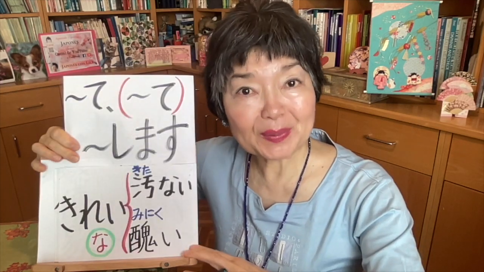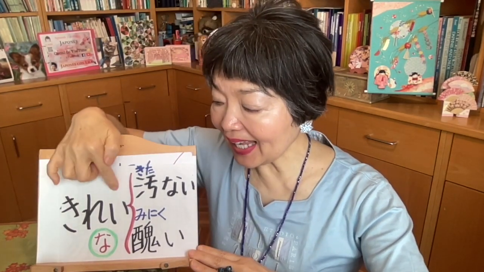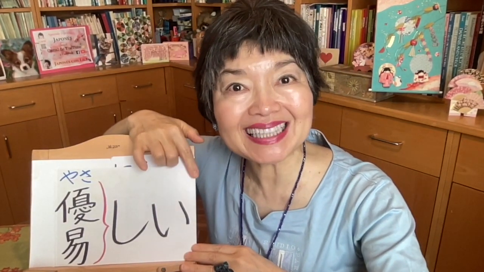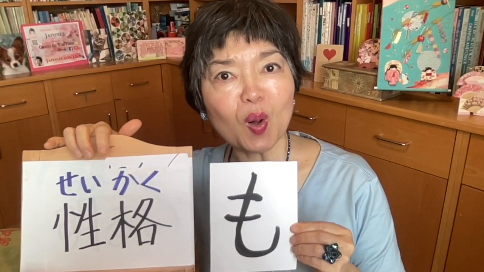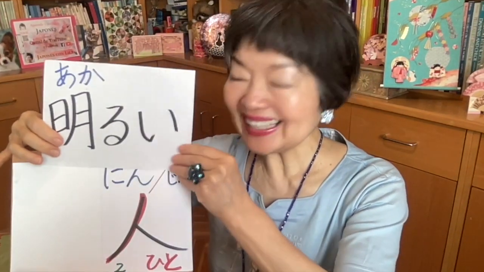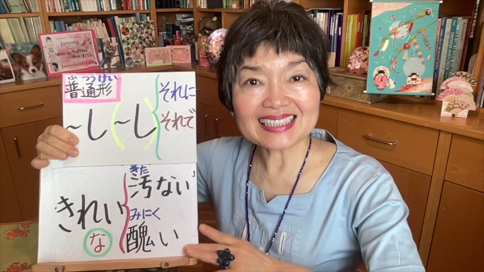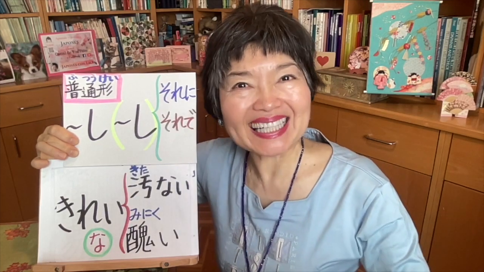At first, we're gonna build this sentence using て。山本さんはきれいで、優しくて、性格も明るい人です。Now the same sentence using し. In this case, I'm telling good things about Miss Yamamoto, only three things, but actually there are more.